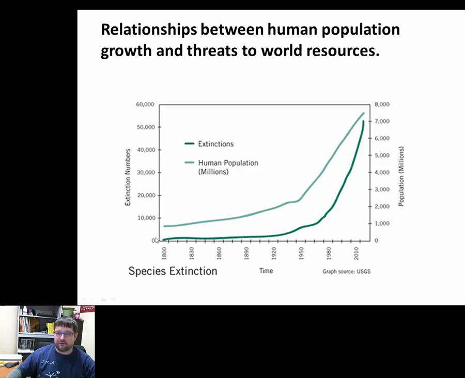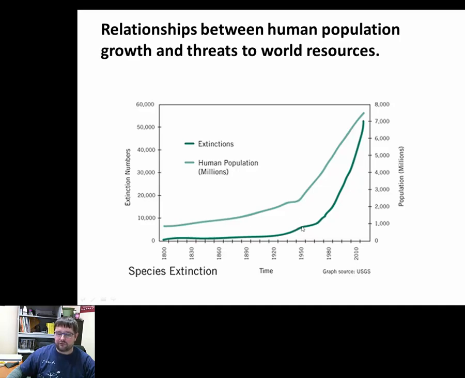And with that, you can see a drastic increase in the number of extinctions. Now, some individuals might claim, well, that's because science is becoming more popular as the number of people has increased. But I think you would probably state that even in the 1850s, when Darwin was describing how species change, or evolution, we had a pretty good knowledge of species in certain regions.